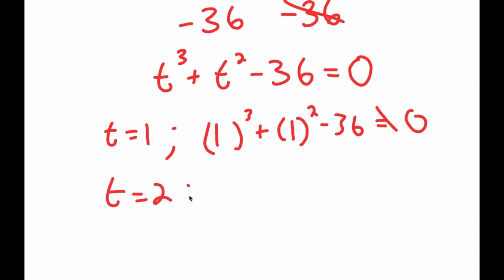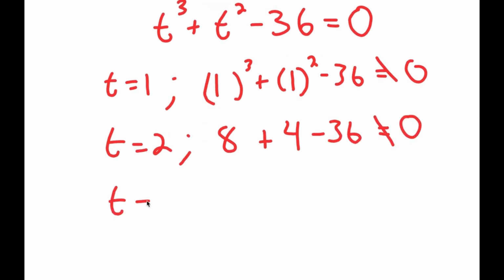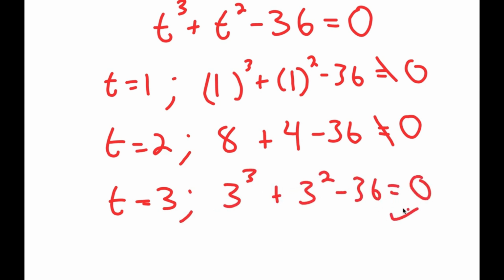If t equals 2, I get 2 to the power of 3, which is 8, plus 2 squared, which is 4, minus 36, which again does not equal 0. Now if t equals 3, I get 3 to the power of 3, plus 3 squared, minus 36, which does equal 0. So t equals 3 is a solution to the equation.